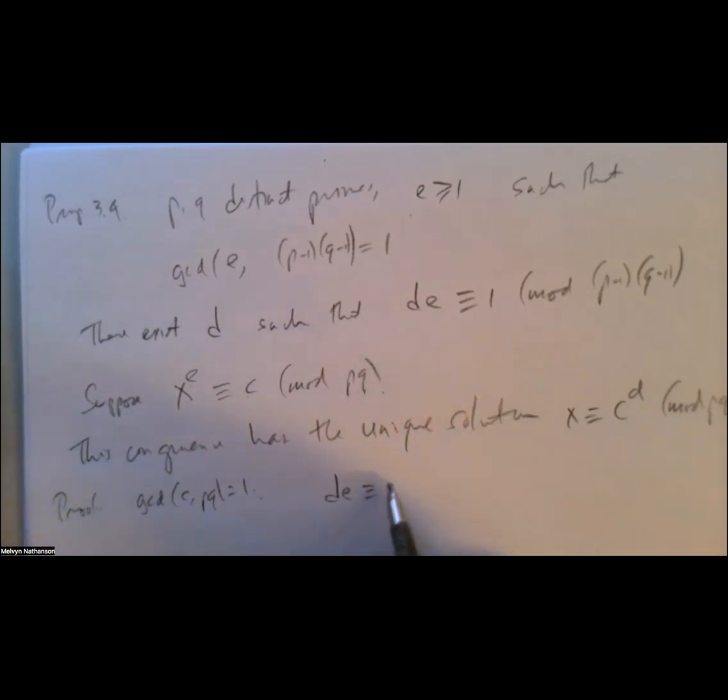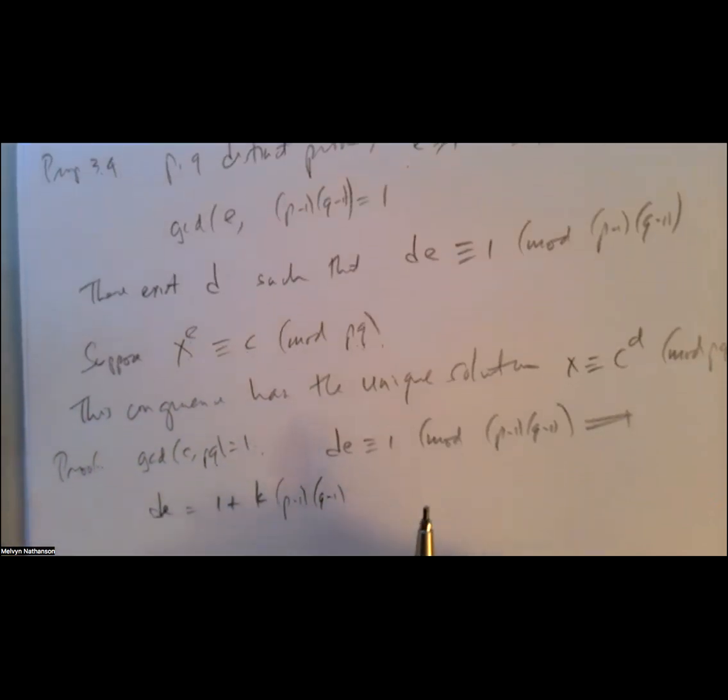DE congruent to 1 modulo P minus 1, Q minus 1 means that DE is 1 plus some multiple of P minus 1, Q minus 1.